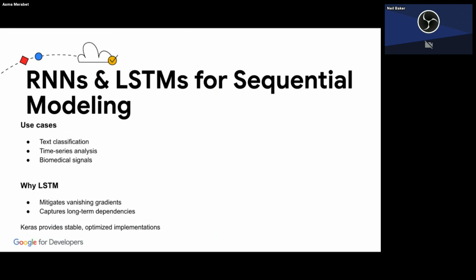Now we have focused mostly on image models, but Keras is in fact equally powerful for sequential data, and that's why we want to talk about RNNs and LSTMs. The RNNs, the recurrent neural networks, process sequences.